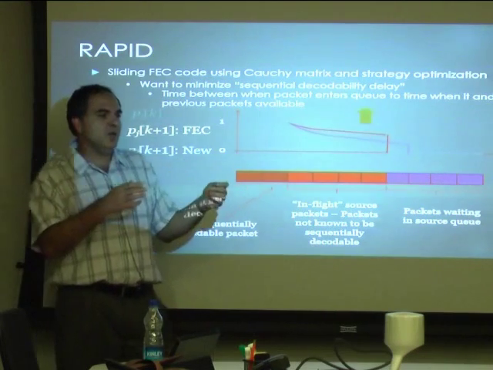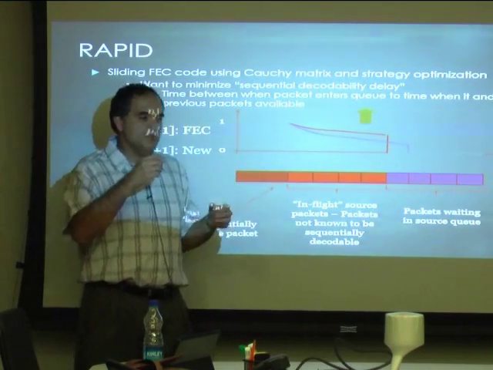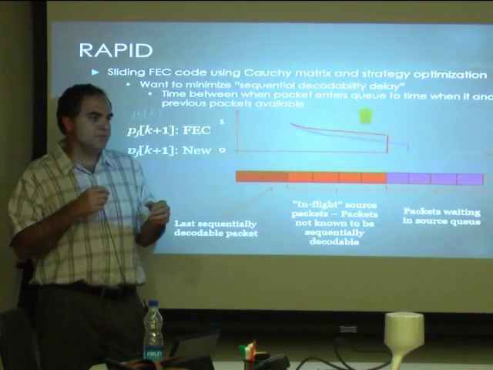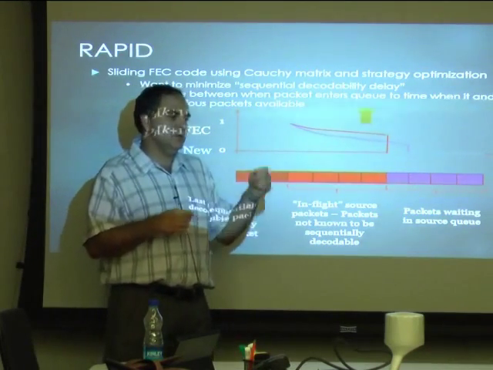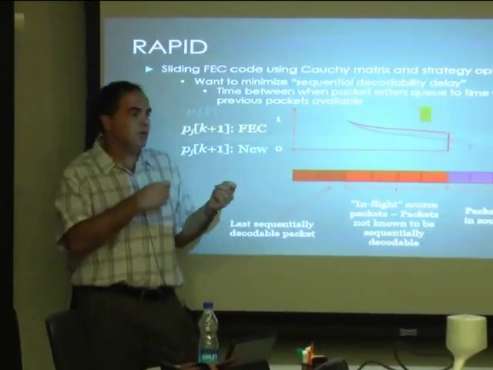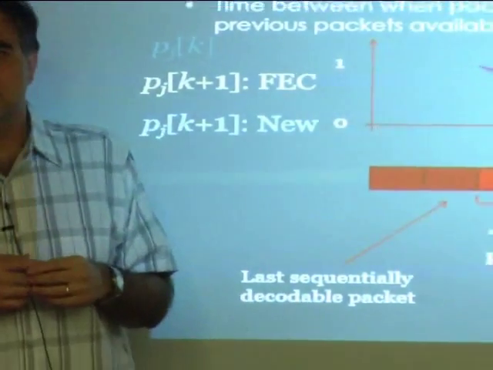As time goes along, you become less confident that the packet made it through. After a certain amount of time, you decide this packet has been lost, then the probability that it made it through is 0, and that updates all the probabilities.